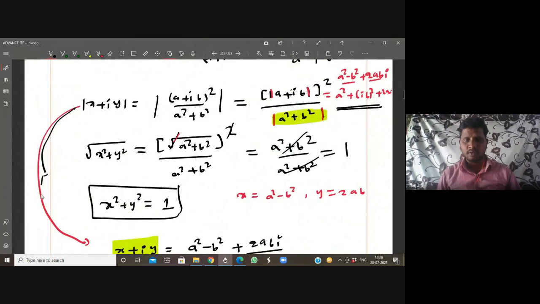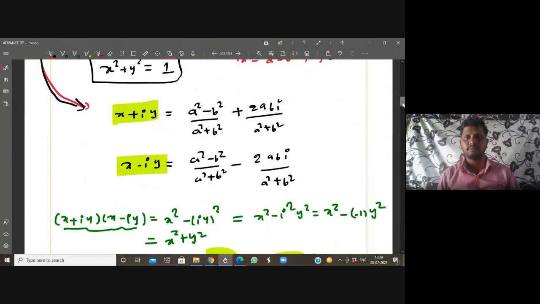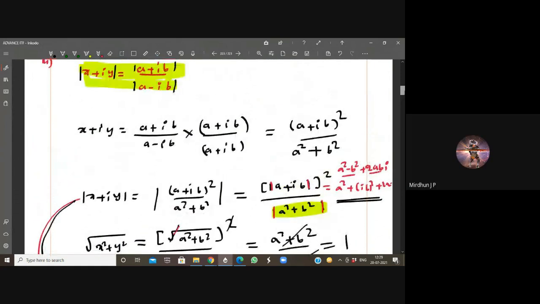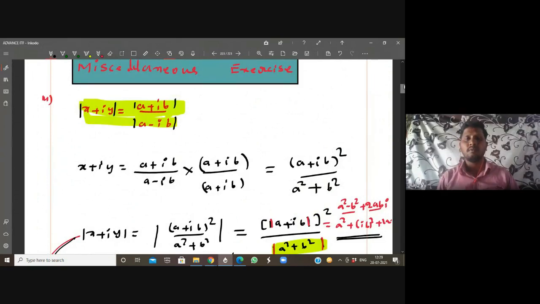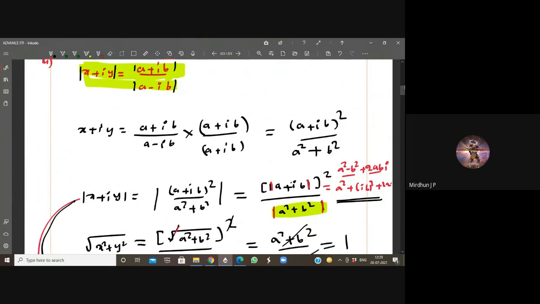You can do it like this for 3 marks. Sir, we can do whichever way we are convenient with? But there should be more steps.